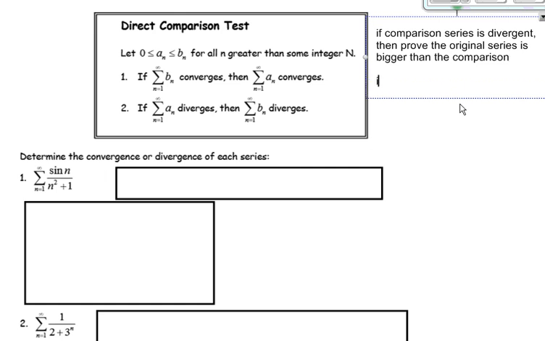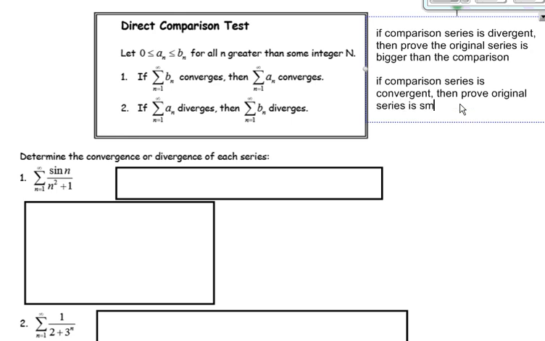If the comparison series is convergent, then you would want to prove, so if you know that the comparison series is convergent, that is the sum is approaching a finite number, then if you can prove that the original series is smaller than the comparison series, then you can prove that the original series is also convergent.